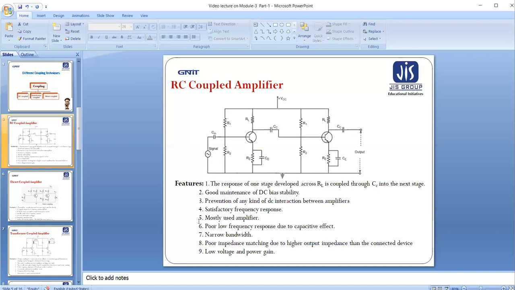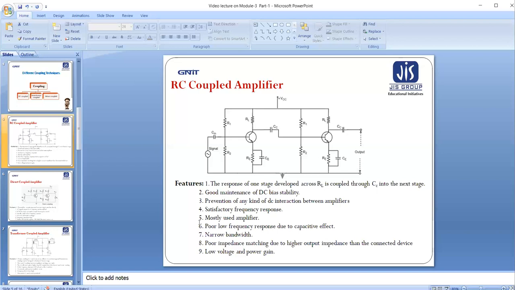The next point is satisfactory frequency response. We will learn about this, because it will maintain almost constant voltage gain across a wide range of frequency. It is the mostly used amplifier, because in audio amplifiers this amplifier is vastly used.